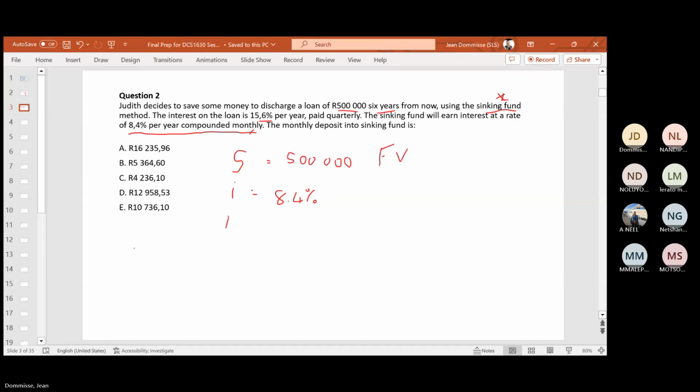But since I'm using the HP, I will just add the payments per year, which will be 12. And then remember that we're working with 6 years.